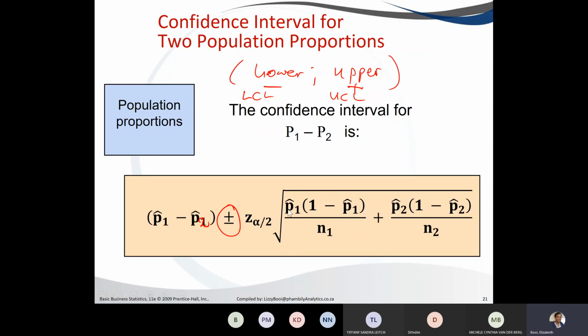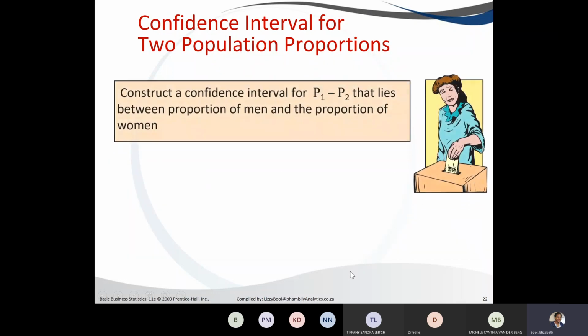The standard error is given by the sample proportion 1 times 1 minus the sample proportion 1 divided by n1, plus the sample proportion 2 times 1 minus the sample proportion 2 divided by n2.